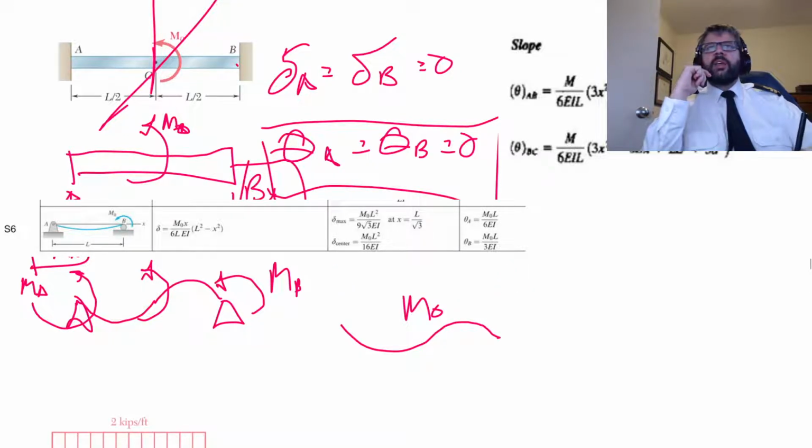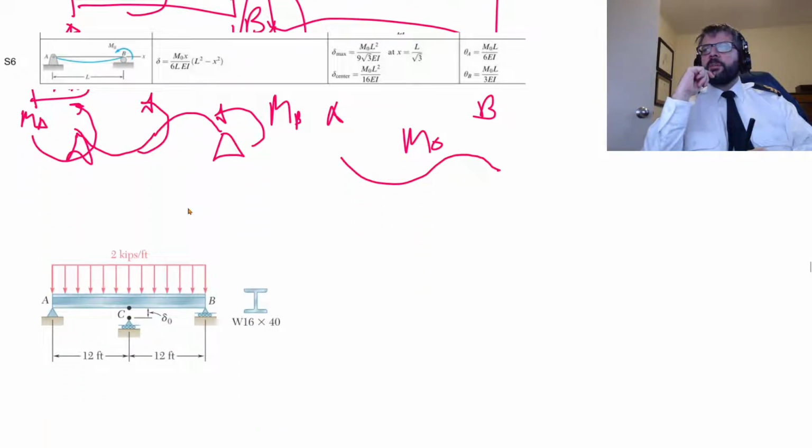How did I mix up A and B too? A, B, there we go. Due to the moment applied at B, so if we're trying to counteract this rotation, then that is going to cause it.